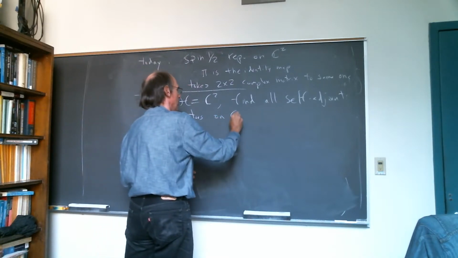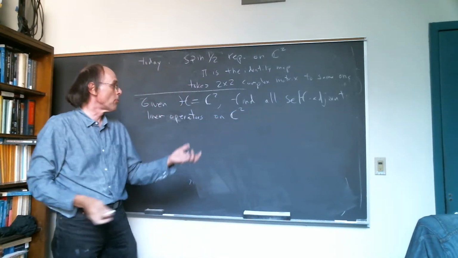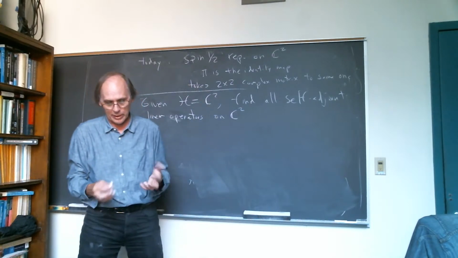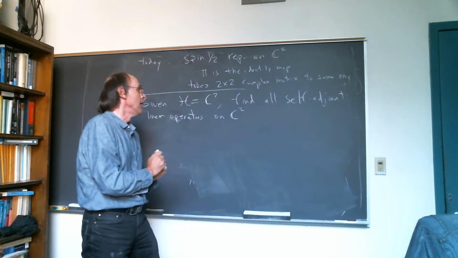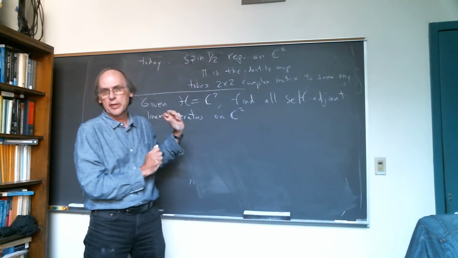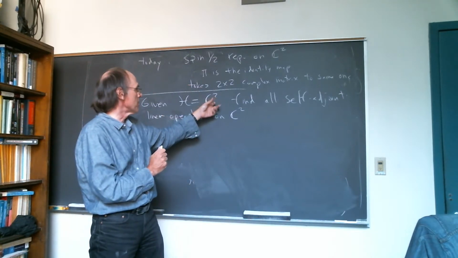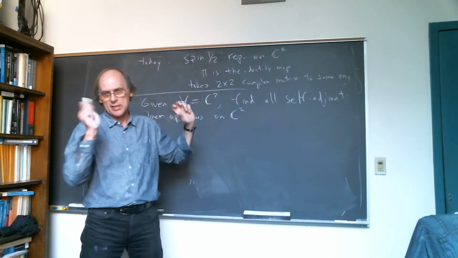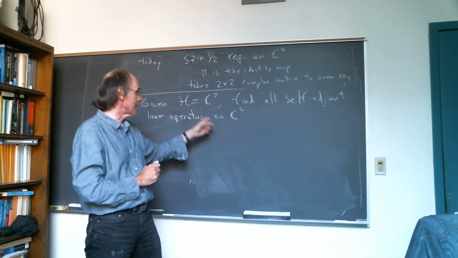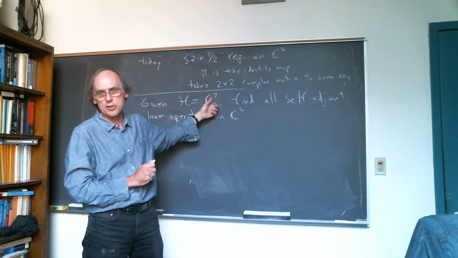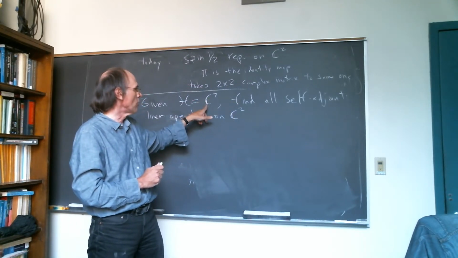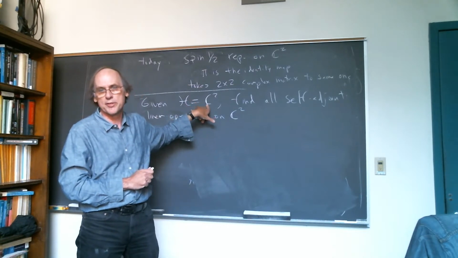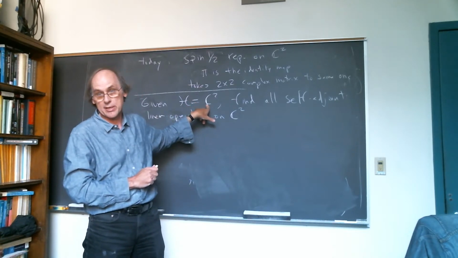On C2. So we could ask this question, if you really believe quantum mechanics is just a story about complex vector spaces and self-adjoint linear operators. Well, let's take the simplest case, besides the one-dimensional cases, which we did last time. Let's take C2, and ask what are all the possible quantum observables that could act on the state space.